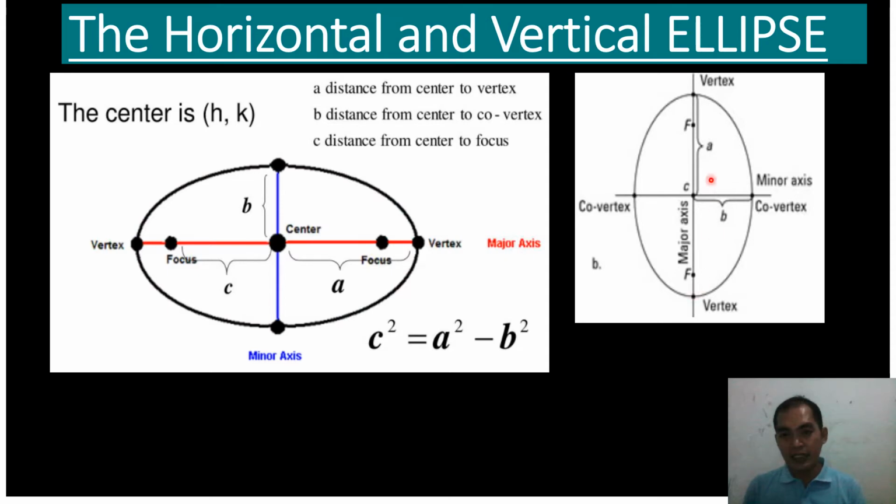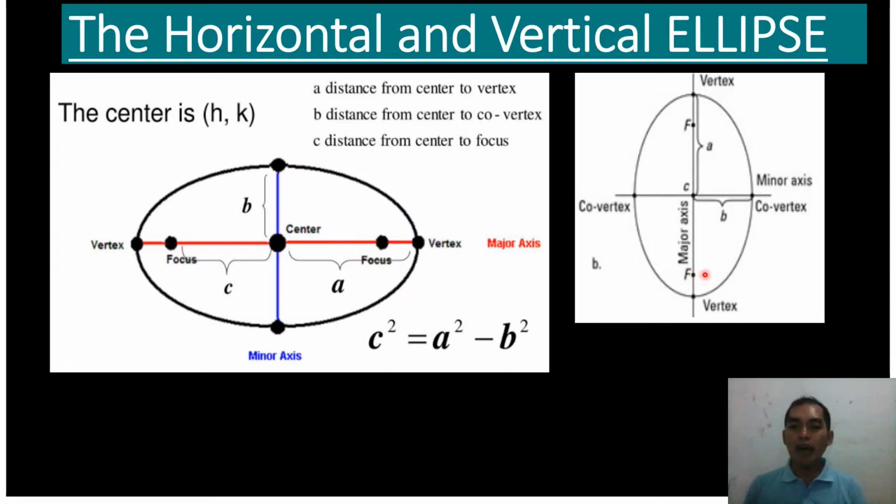So these are the vertices. This also, the minor axis, co-vertices yung endpoints, the center, okay, the foci, focus number 1 and focus number 2.